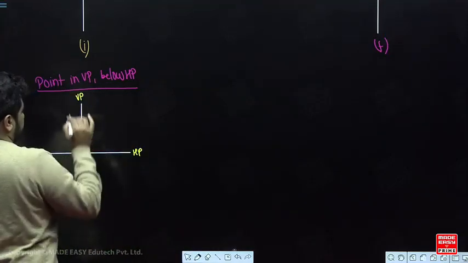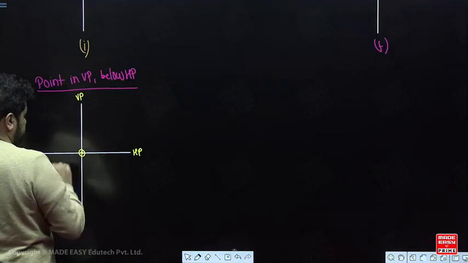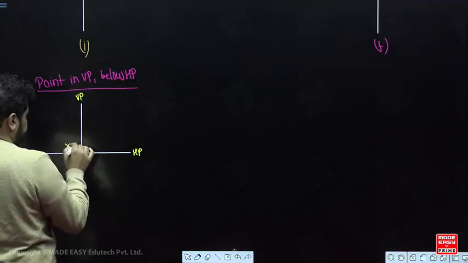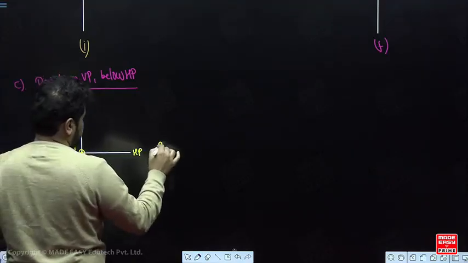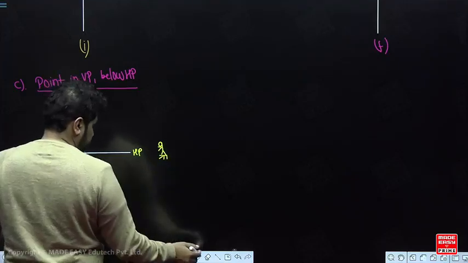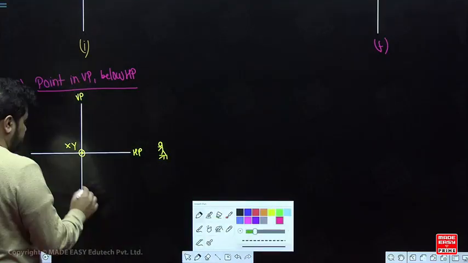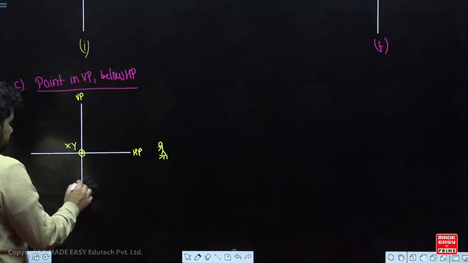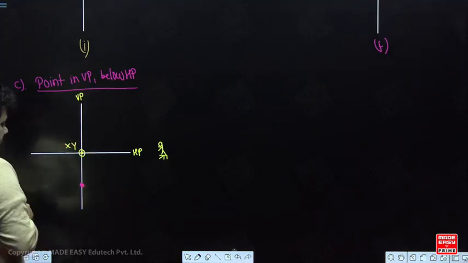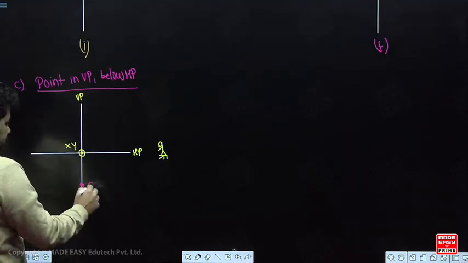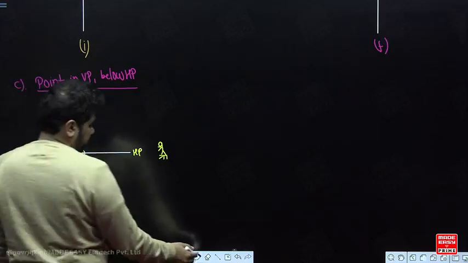HP, VP. This is your XY. Here is the observer. So where is the point? So the point is in VP below HP, somewhere here. So let us say this is point C, correct?